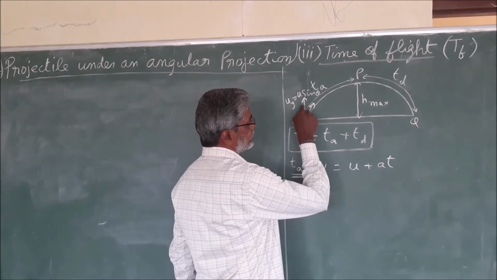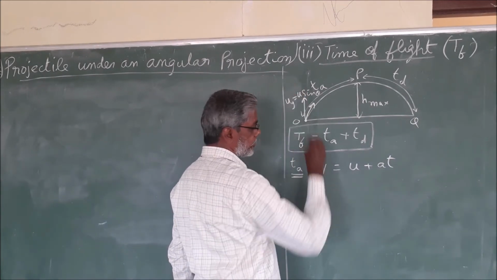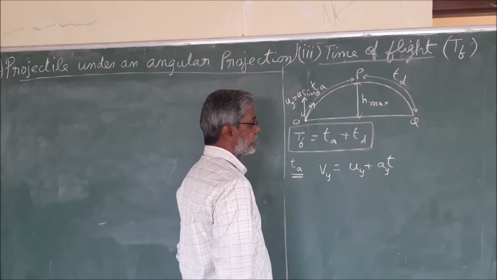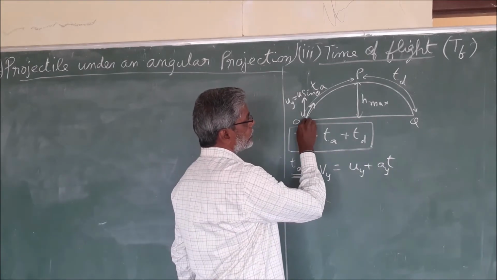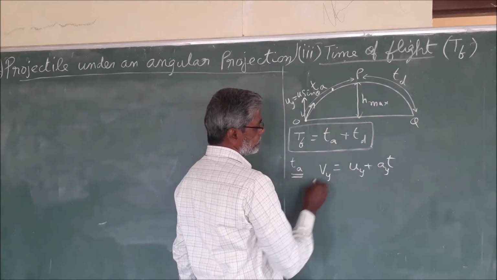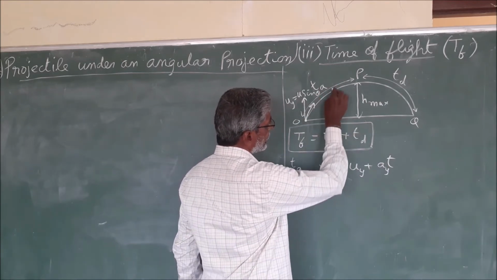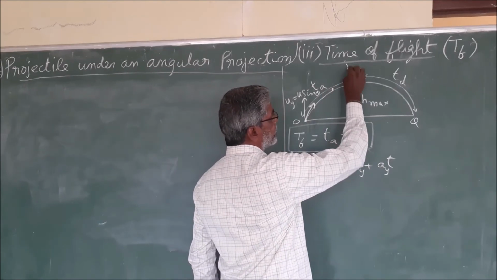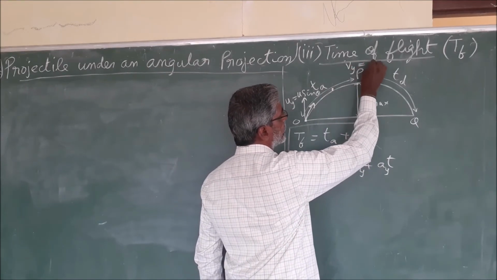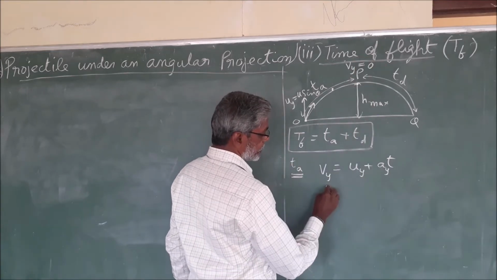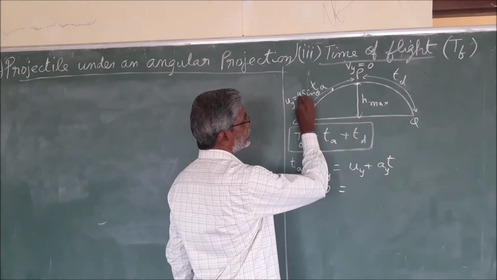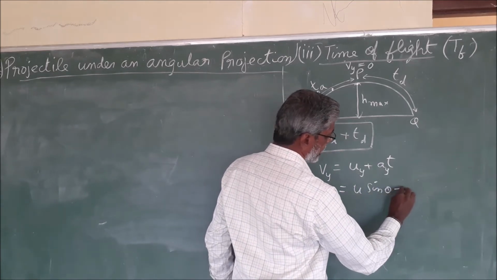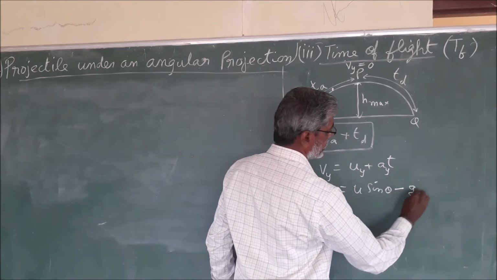So if the object moves in the y component, I will be writing it as ay, uy. From here, the object moves in this region, that is from O to P, and this will be the final velocity, and Vy is equal to 0. 0 is equal to the initial velocity u sin theta minus ay, which is g, into time.